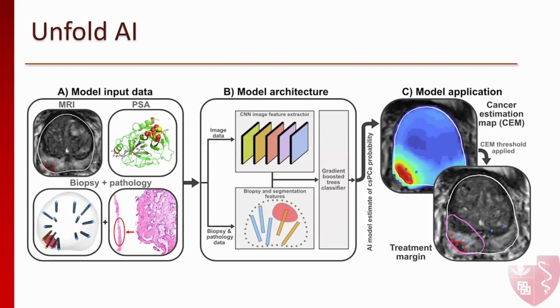It incorporates all of that information into the neural network, this AI architecture, and then will output a cancer prediction map, essentially a heat map, where we can see the areas that it thinks cancer is not present in blue, and the areas that cancer is present will be in red here.